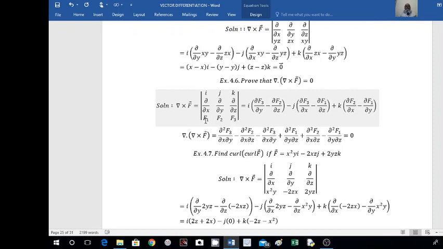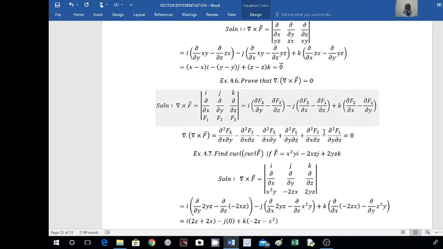Third row we have taken in general f, therefore this is f1, f2, f3. Expanding this, i into dou f3 by dou y minus dou f2 by dou z, minus j into dou f3 by dou x minus dou f1 by dou z, plus k into dou f2 by dou x minus dou f1 by dou y. So this is our del cross f.